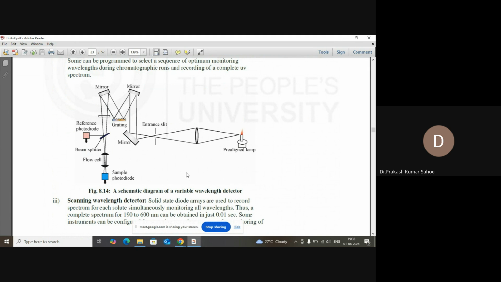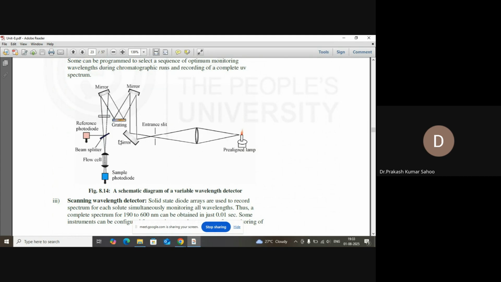And we have the schematic diagram of a variable wavelength detector where the wavelength gets varied, and here your source is there. So through a lens, it is now convex, and a mirror is there, and it is another mirror. So here the radiation is grating, another mirror, then it goes to the sample.